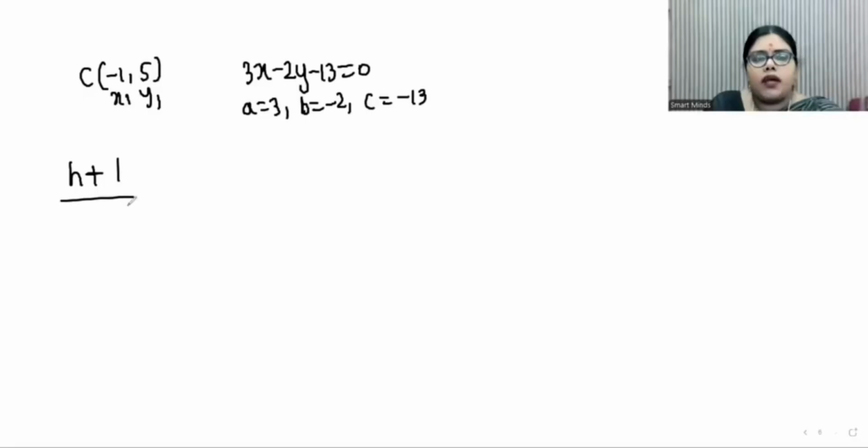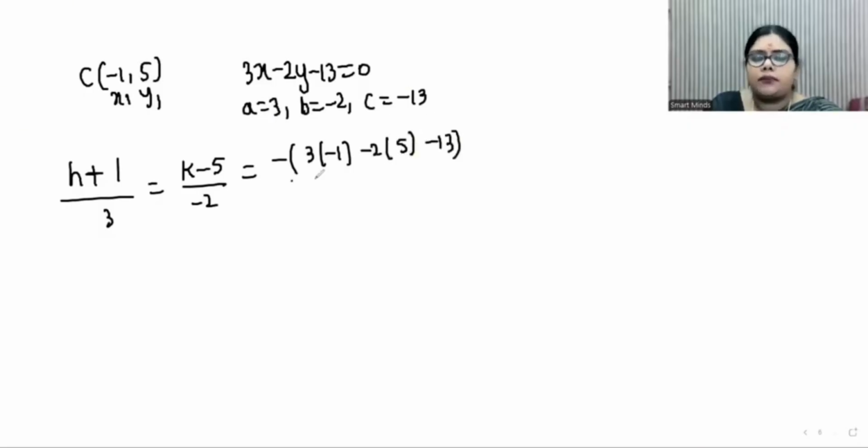So h plus 1 by 3 is equal to k minus 5 by minus 2 is equal to minus of 3 into minus 1 plus minus 2 into 5 plus minus 13 by a square plus b square, 9 plus 4.